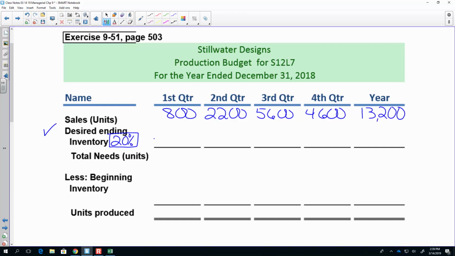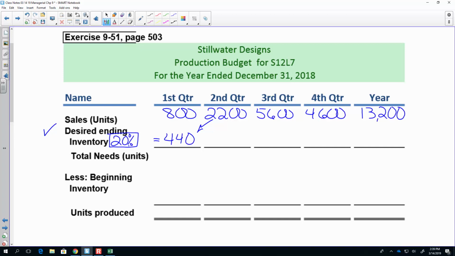So we're going to take this 20% times next quarter's sales to get 440 in this case. And that's what I'd like to have you do too. So for budget purposes, you can do a what-if analysis, change the 20 to 25 or 30, and then automatically complete the report for you.